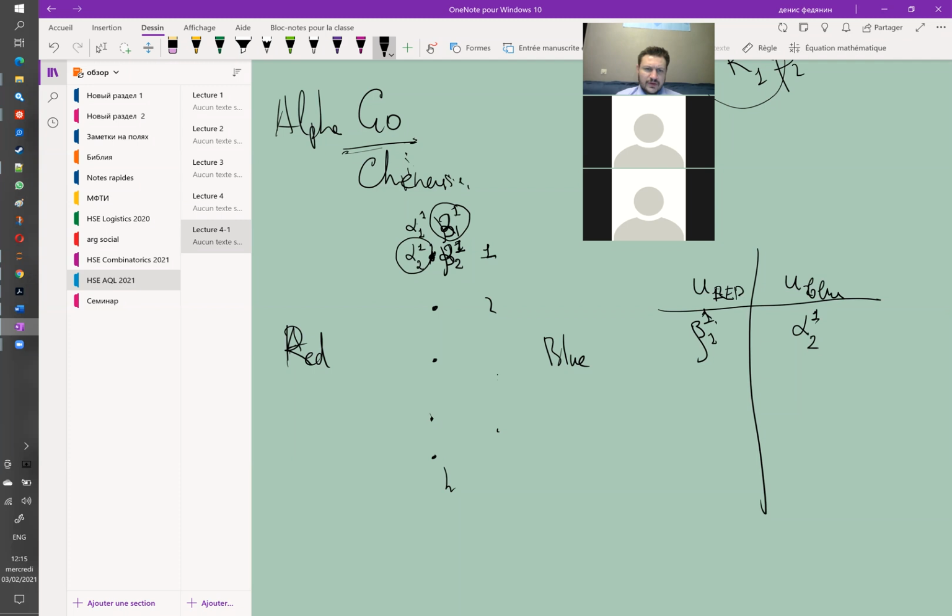Well, why is it so? Yeah, because it is low, in the first one. And then red has to choose. He can choose this one, 3, for example, and then blue here and red here. And then red chooses 3, and he has the highest variant 3, and then beta has the lowest 3, and so on.